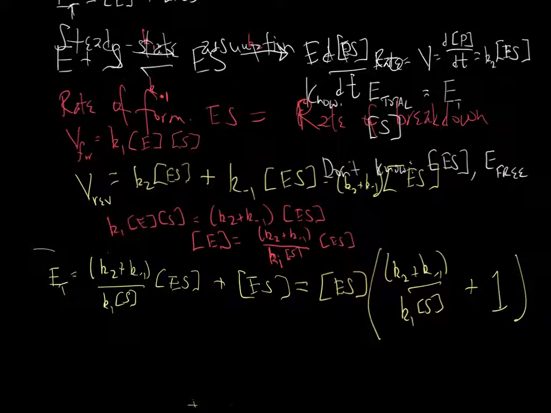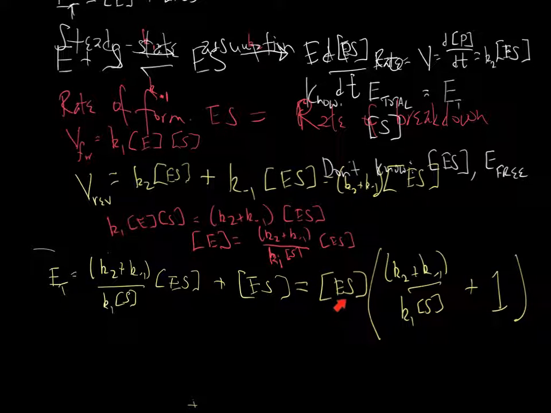So just to review what we've done so far, remember, we knew the amount of total enzyme, we knew the amount of substrate, we just did not know E or ES. Now we've narrowed this entire thing down to where we know the total concentration of enzyme, we know S, and we only have one unknown variable.